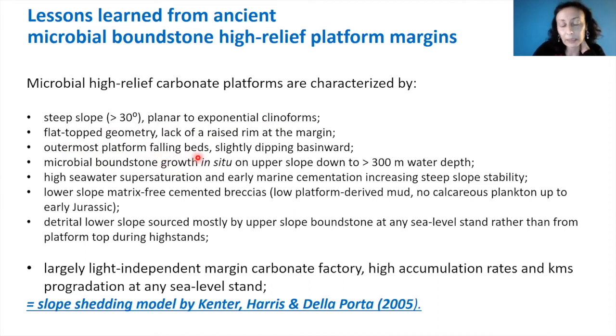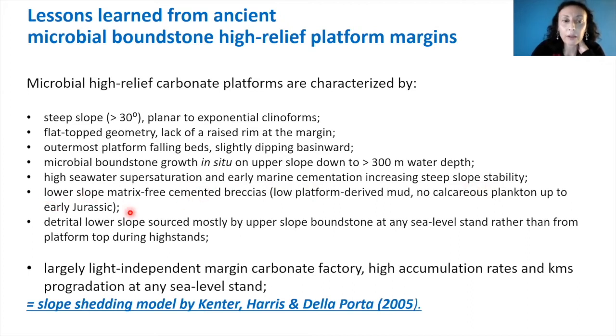They are deep in basinward, gradually connected with the upper slope boundstone. The growth of the microbial boundstone on the slope goes down to a photic depth of above 300 meters. This slope all developed in settings with high supersaturation of seawater because they are all rich in early marine cement that increased the stability of this steep slope.